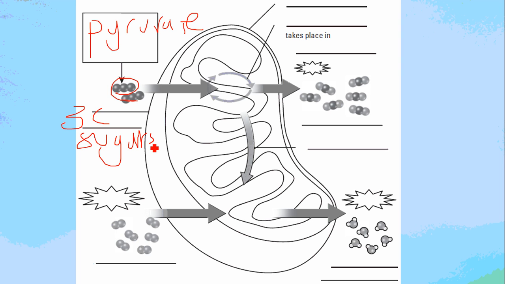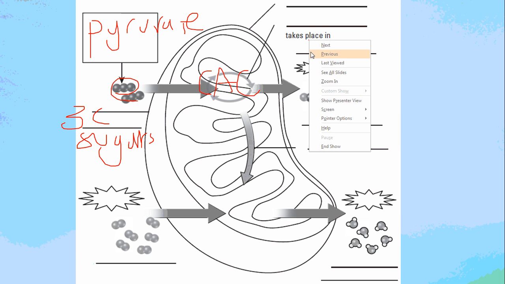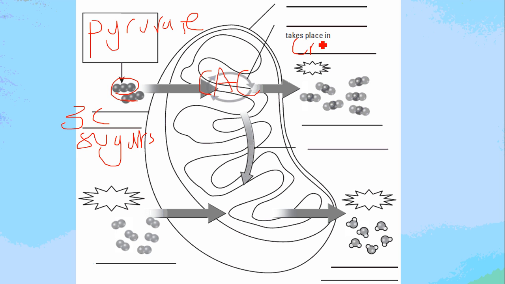Then they go into the process here of the citric acid cycle. This takes place in the cristae and creates ATP. This whole molecule here is the mitochondria.